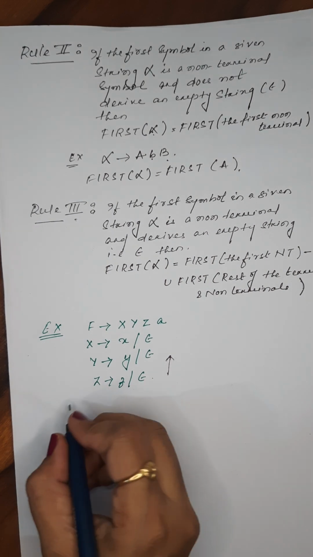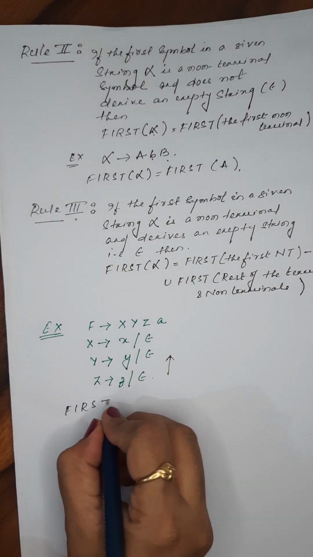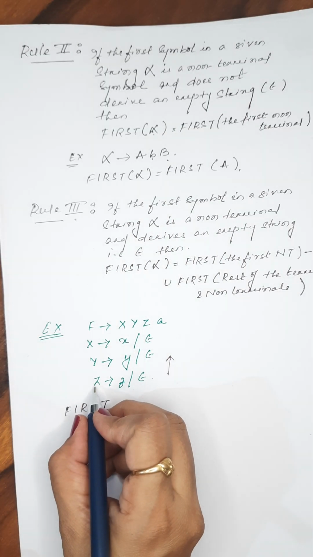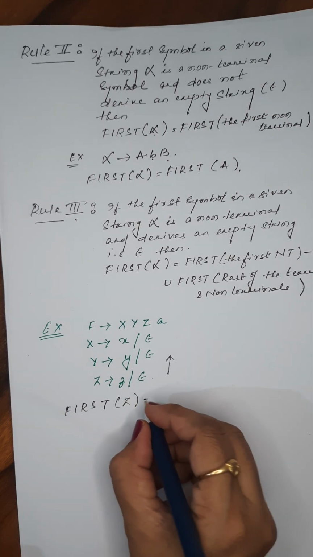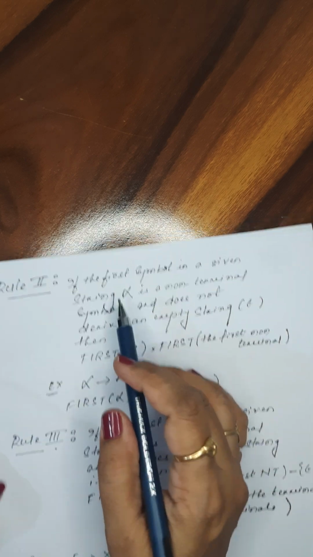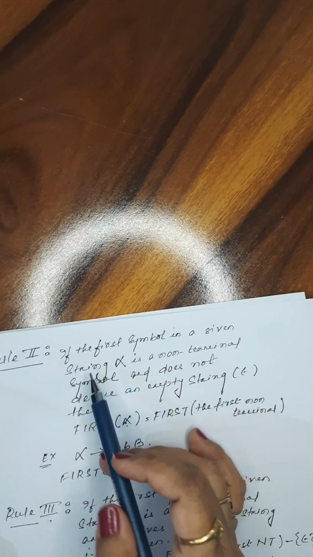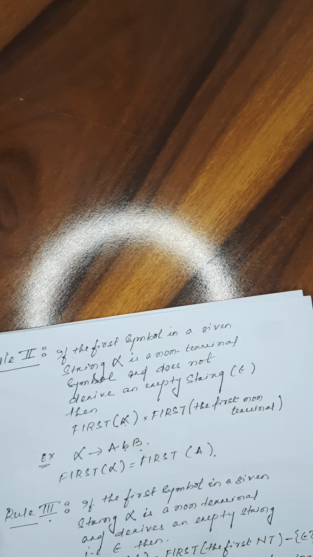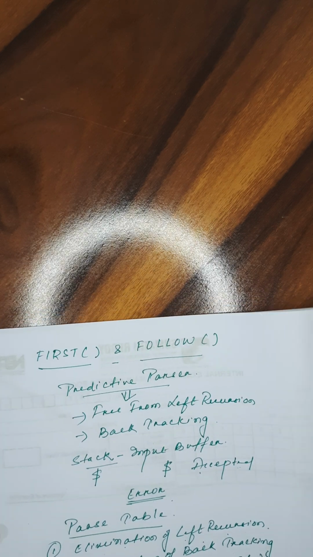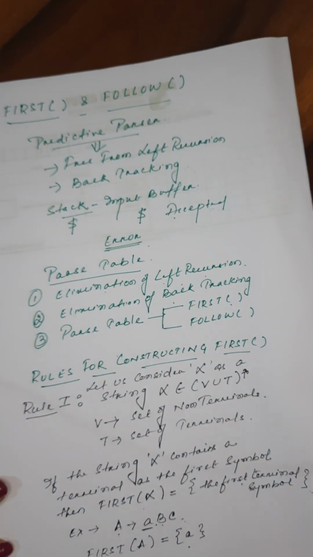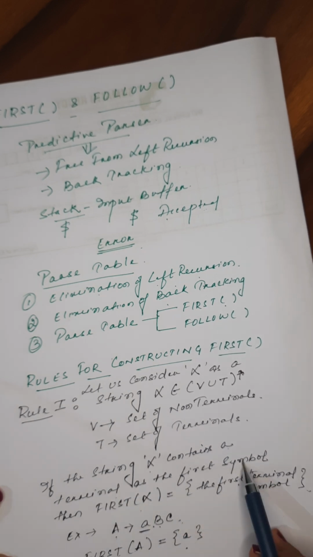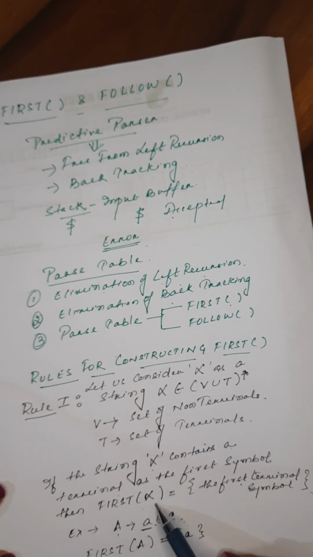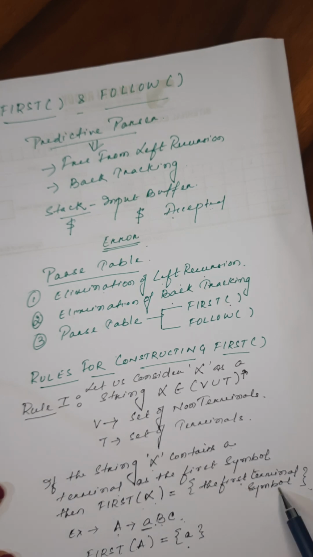Now, first of all, on the left hand side the non-terminal is there. For that we have to calculate first of Z. Now check what is your rule number 1. Rule number 1 is, if the string alpha contains a terminal as the first symbol, then first of alpha is equal to the first terminal symbol.